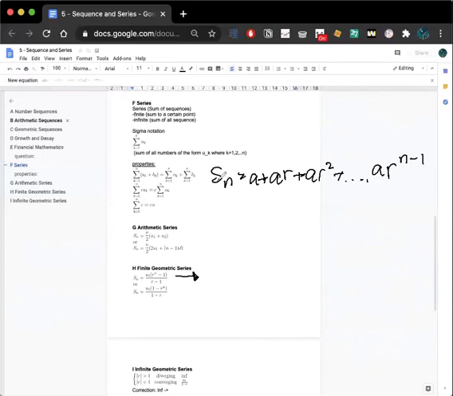A way to manipulate it to find the formula is to multiply Sn by minus r. Multiplying turns a into minus ar, then minus ar squared, and so on until minus ar to the n.